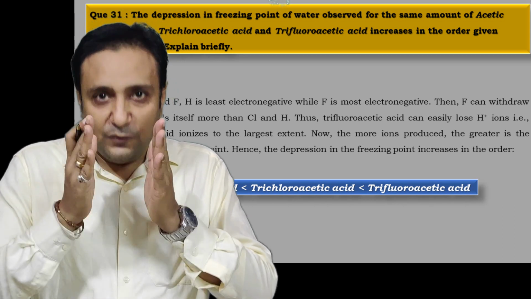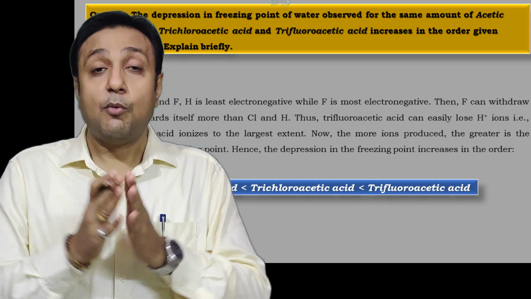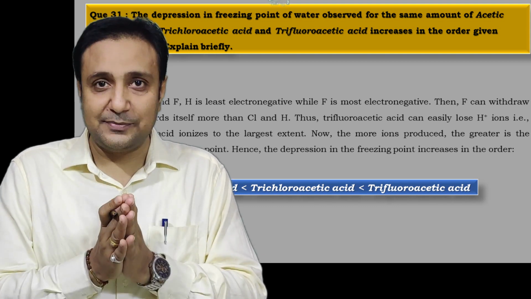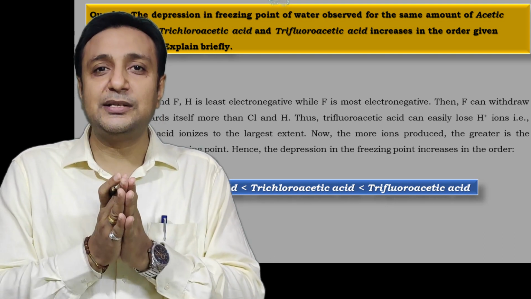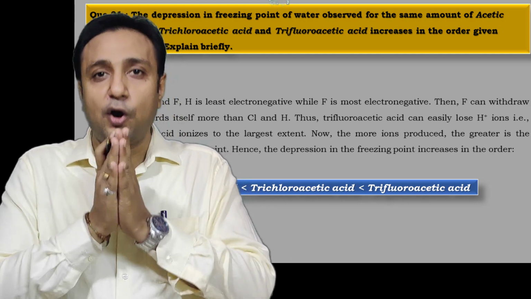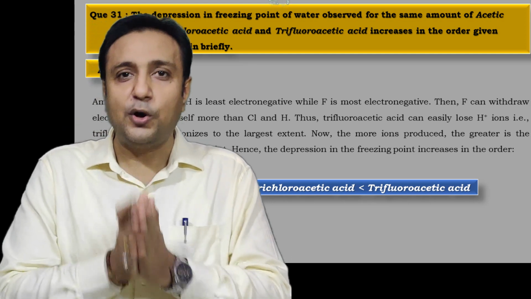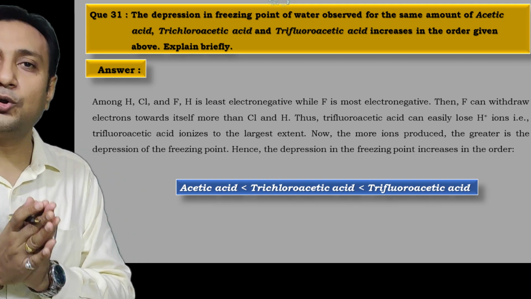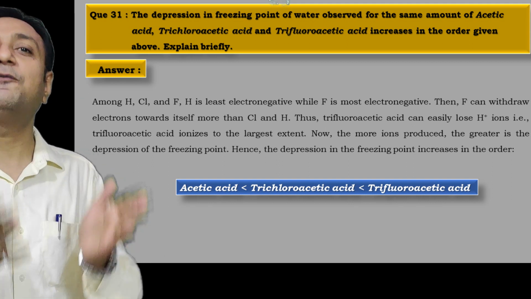So in trifluoroacetic acid, more ionization will be there, and due to this its depression in freezing point will be highest. So the correct order of the depression in freezing point is acetic acid, then trichloroacetic acid, then trifluoroacetic acid.